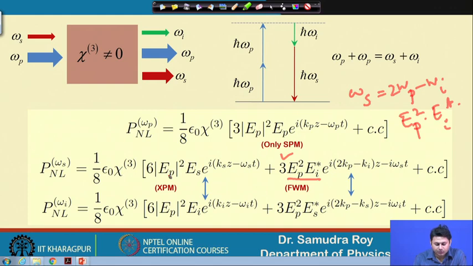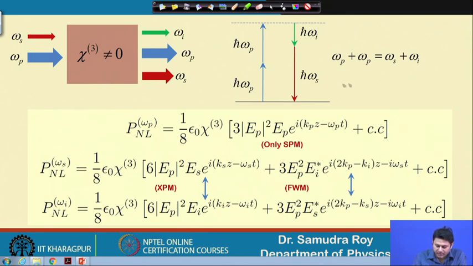But another term should also be considered here, which also gives rise to omega s frequency, and that is E p star. So, we will have a combination of E p star and E s. E p star, basically this is omega p, this is minus omega p, and this is omega s. So, I will have this term also.